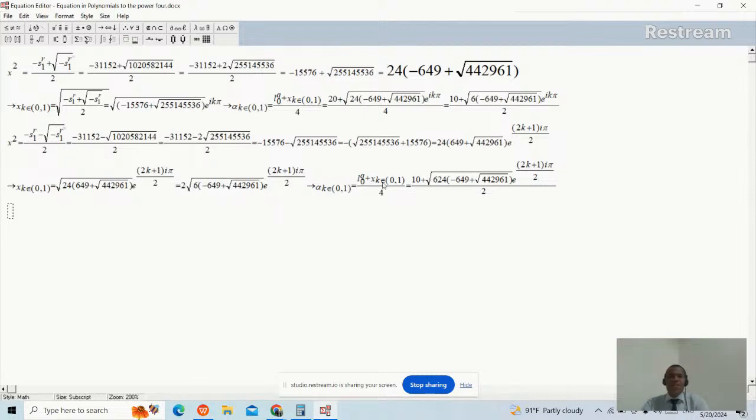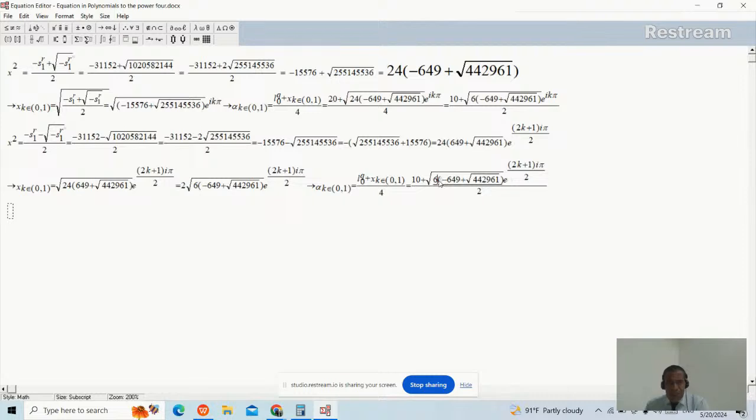Then I will place this here in the formula alpha. Let's say the roots of my polynomial when k equals 0 and 1, 2 roots here, and here also 2 roots, 4 roots in general, to be L0 of order cube plus xk, k belongs to 0 and 1, over 4. So this one will be 20 divided by 4. I will simplify by 2, and here by 2, it will be 10 over 2 plus. This is 6. It remains only 6.